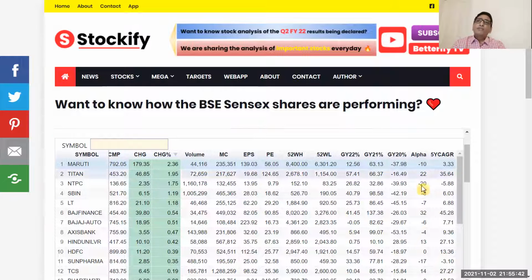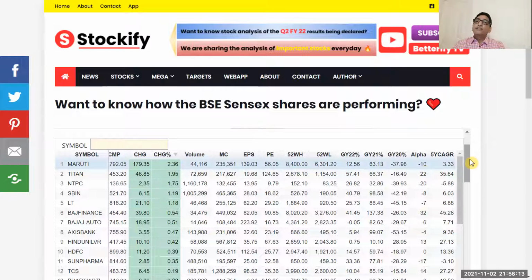And the most important thing, which other portals are not giving, you can go and see various portals. I don't want to take the name. No portal is giving you the alpha value. So here you are getting an alpha value. Alpha value is basically the increase or decrease that the particular stock is giving you over its benchmark index.